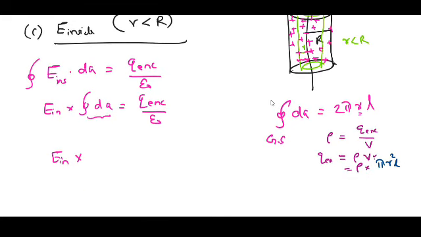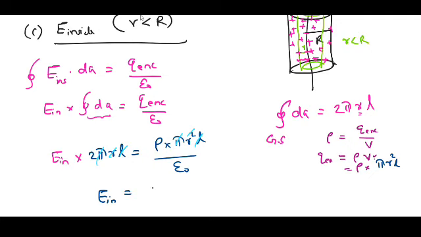Now just substitute the values here: E inside into 2 pi r L is equal to rho into pi r square L divided by epsilon 0. Pi gets cancelled, r and r, L and L. The final expression, now we can write, E inside is equal to rho r divided by 2 epsilon 0.